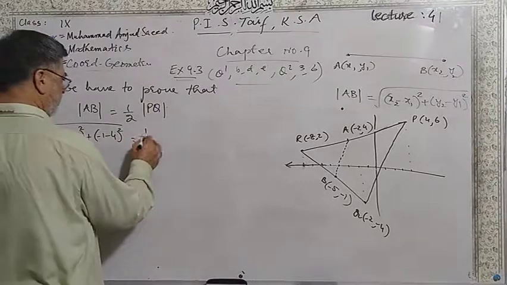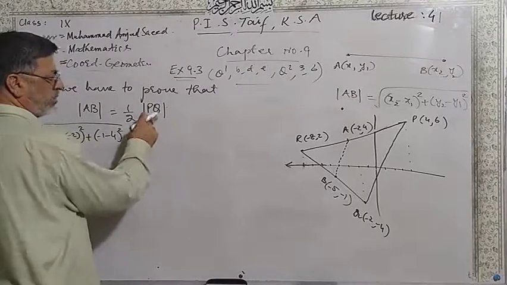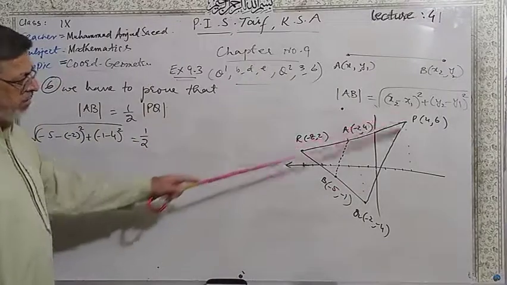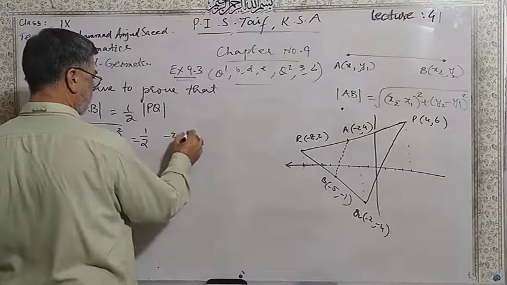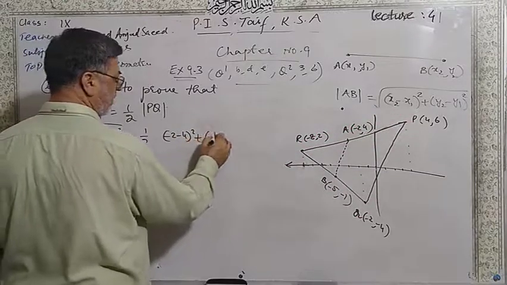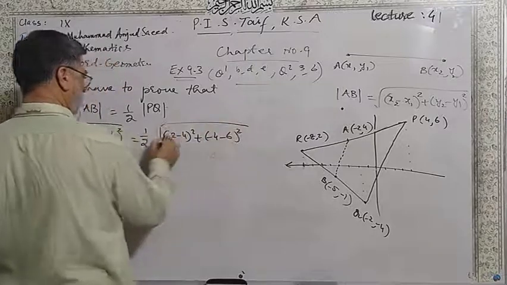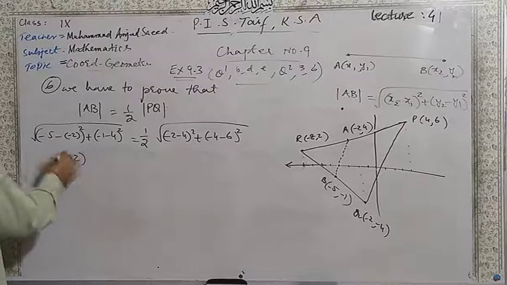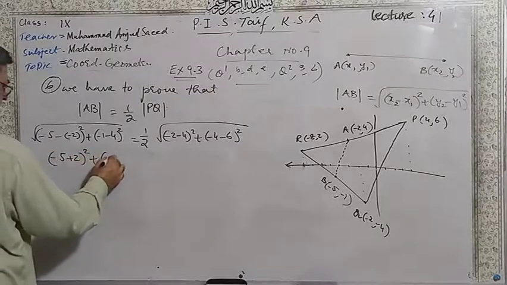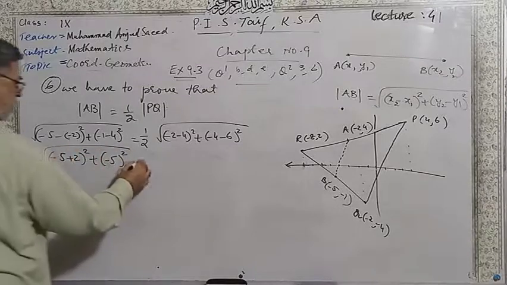Then 1 over 2 PQ mod: first minus first whole square, minus 2 minus 4 whole square, minus 4 minus 6 whole square, whole under root. That will be minus 5 plus 2 whole square, minus 1 minus 4 whole square, whole under root.